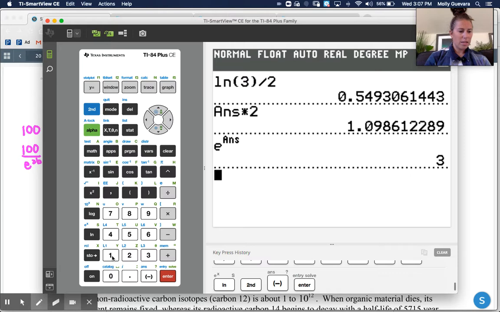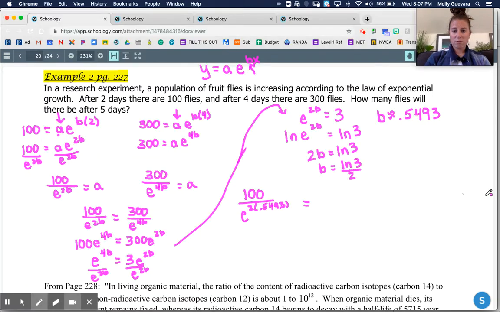So the bottom is 3. So I get 100 over 3. And now this is not something that I can simplify, nor do I want to. So I'm just going to leave it.